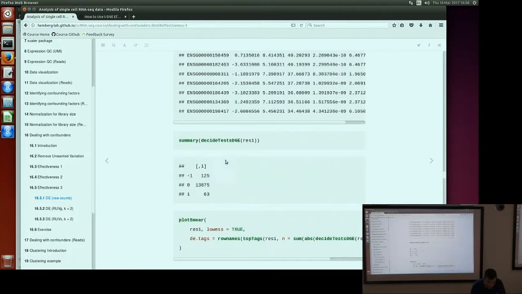And so the headline number here is, by default, what genes are differentially expressed or not at a false discovery rate of 5%. So that's what the default arguments of this function do. And so we can see, according to this, 125 genes are significantly downregulated, 63 are significantly upregulated, and almost 14,000 have no significant effect.